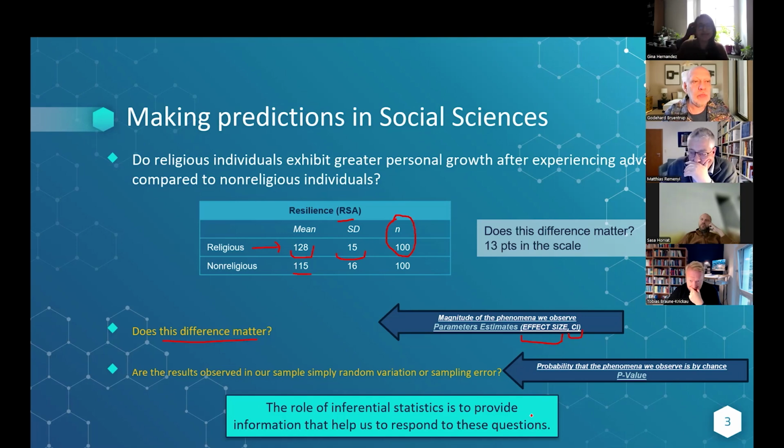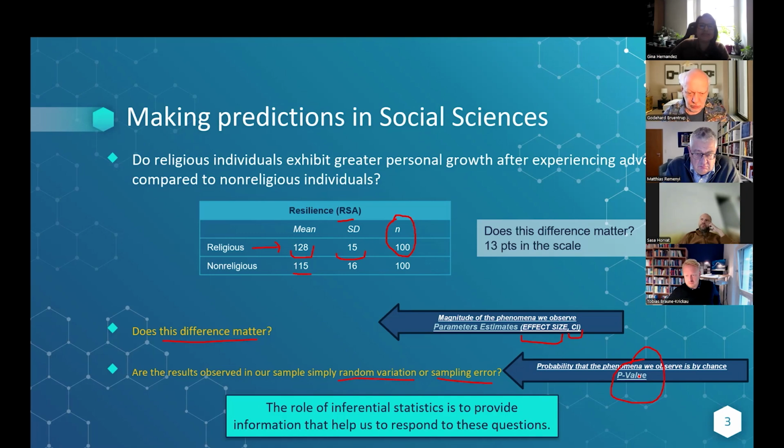And for answering the second question, whether it is due to random variation or sampling error, I will require looking into the p-values, just for that. So the p-value will tell me how likely it is to obtain a value as extreme as this if the null hypothesis is true, right?